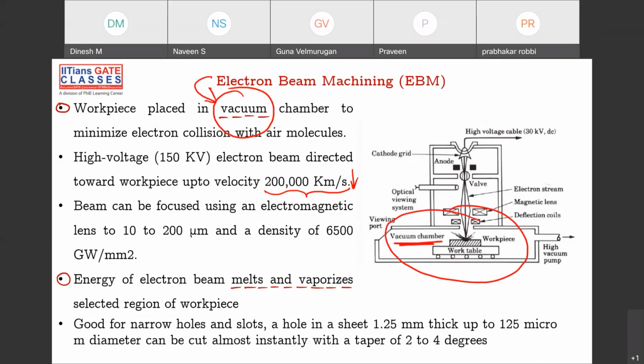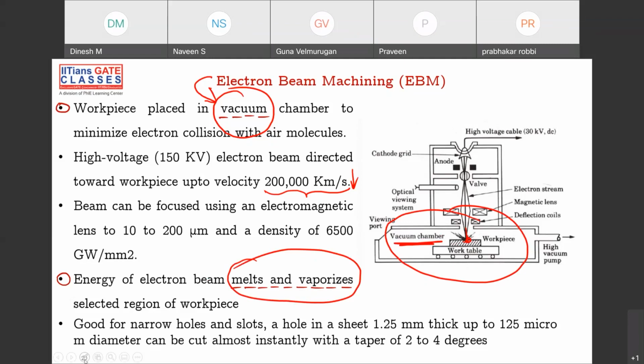When the electron beam hits the workpiece, same as with laser beam, huge temperature is generated by the high velocity electrons hitting the workpiece. Melting is happening, evaporation is happening. So again, it melts and vaporizes.